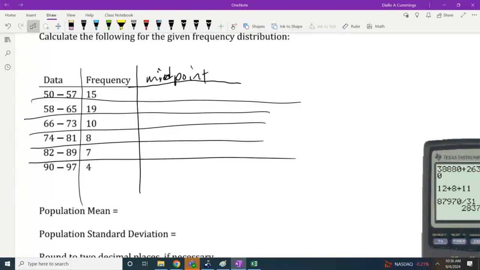Remember, there is a formula to find the midpoint. To find the midpoint, you simply take the lower class limit, add that to the upper class limit, and divide by 2. So we're going to find the midpoint for each one of these classes.